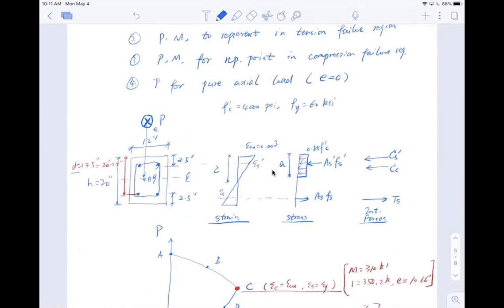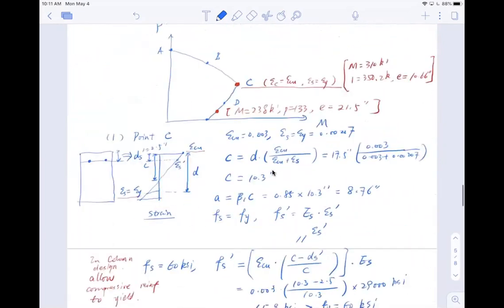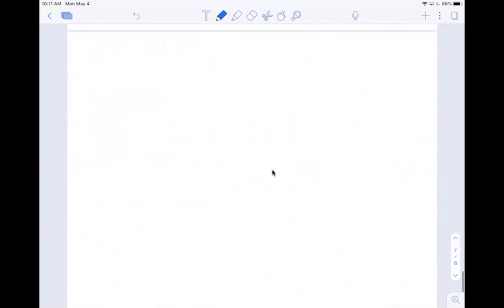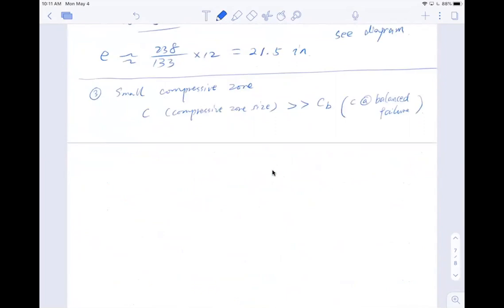Now that is quite a good number, so I started thinking, what if I set my compressive zone to be bigger than d, than the depth? That ought to be enough, right? So this is approximately 17.5 inch. So let's set C equal to 18 inch.